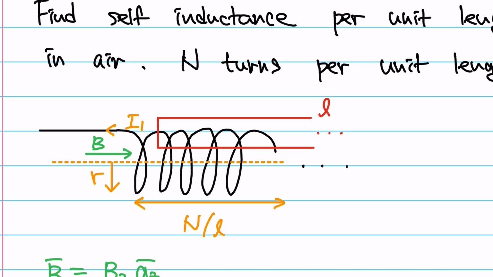So you can see that the B field is already indicated by the problem. The coil radius is R, and it has N turns per length L. Each length of L will have N turns, so the longer, the more turns you'll get. But the turns per length is N over L.